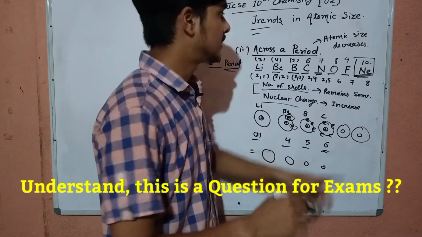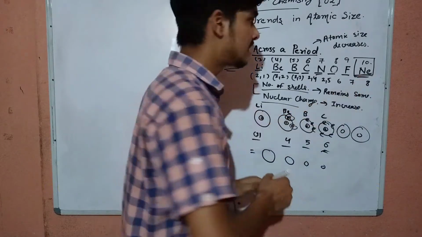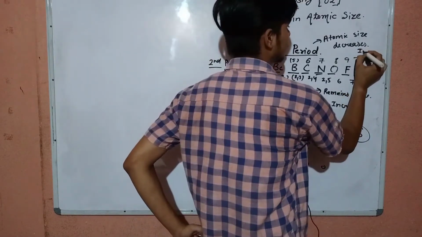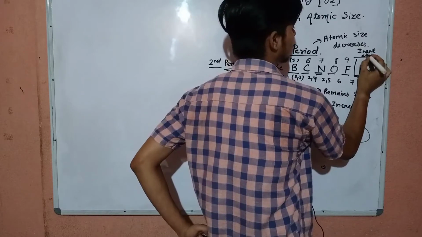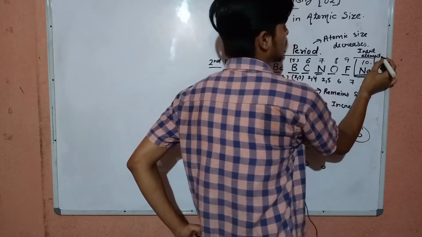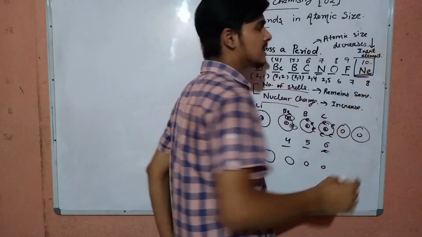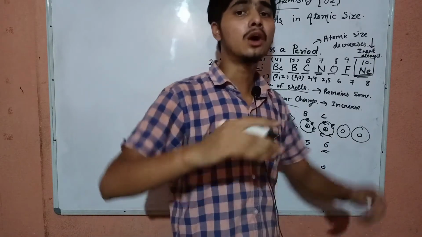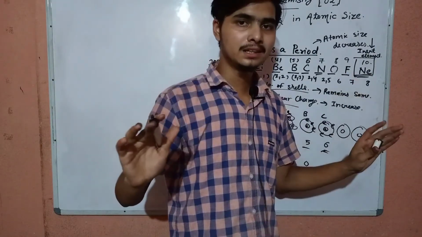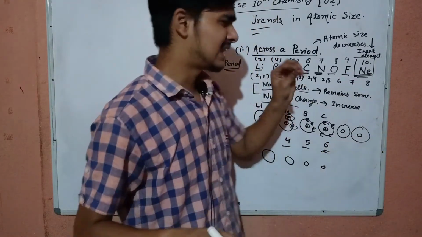You know that this neon is an inert gas. It is an inert gas or an inert element. Inert elements are those elements whose outermost shell is complete. And that is not the reason.